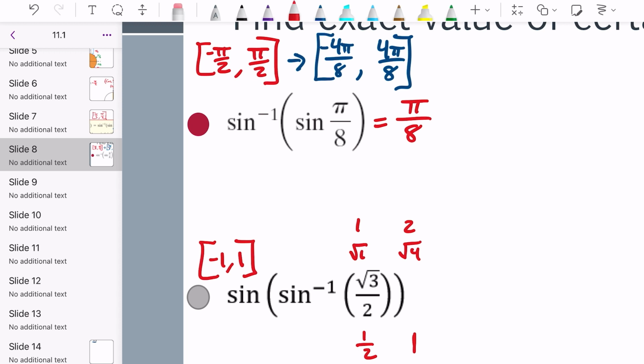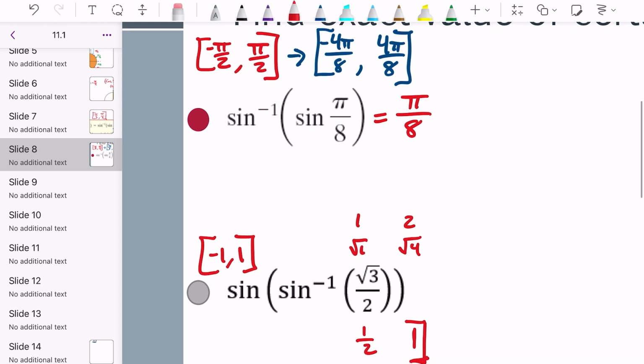Notice our maximum number is 1, and because we're actually using the square root of 3, it would be less than our maximum number of 1. In this case, our answer here would be the square root of 3 over 2. Every time that our x value falls within our range, our answer would just be the x.